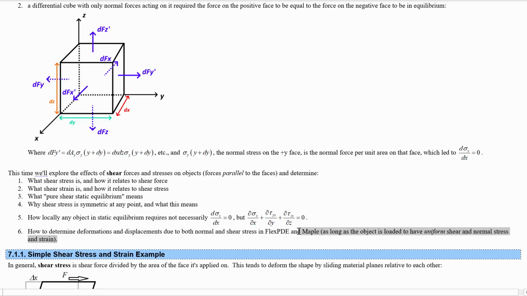Maple, what we're going to be doing this week is only going to be applicable for a situation of uniform loading. So some setup where the problem is going to have the same shear and normal stresses everywhere in the object. So you set it up so that it has the kind of symmetric and uniform boundary conditions in the right way to lead to uniform stress and strain internally.